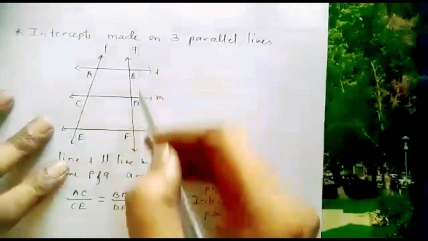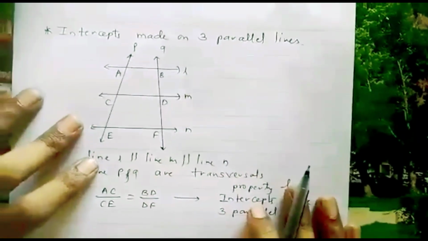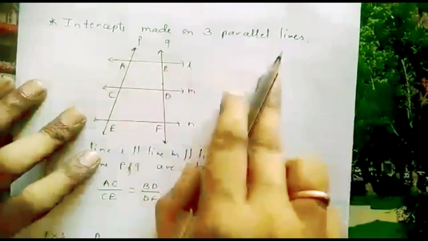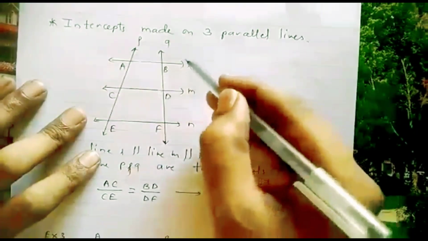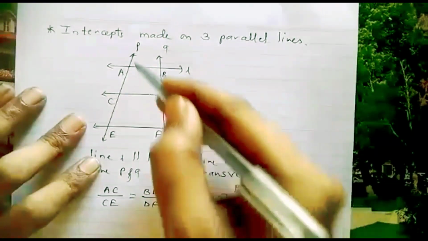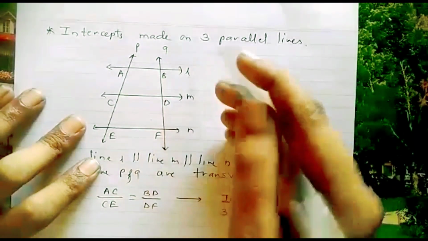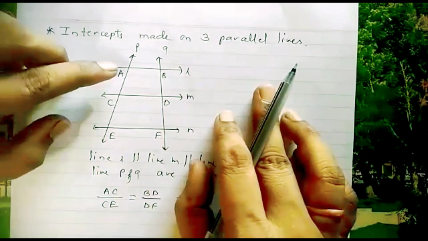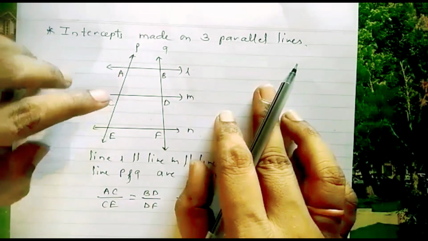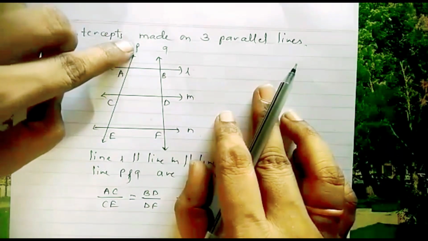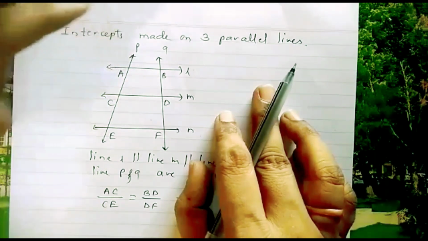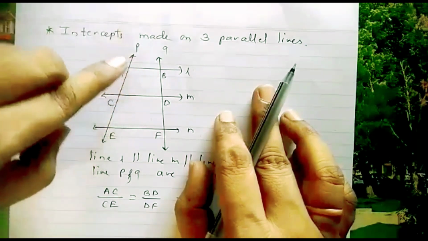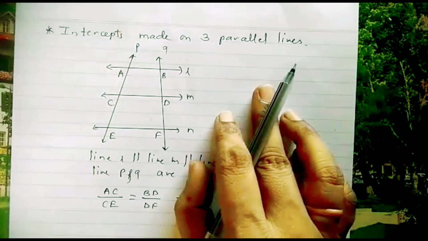Line P and line Q are their transversals. What does this property say? If 3 parallel lines and their transversals are given, then the ratio of intercepts made by one transversal is equal to the ratio of the intercepts made by any other transversal.